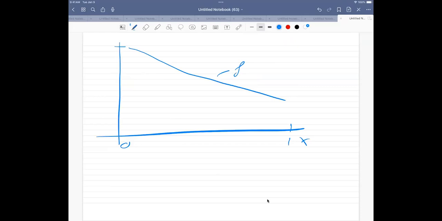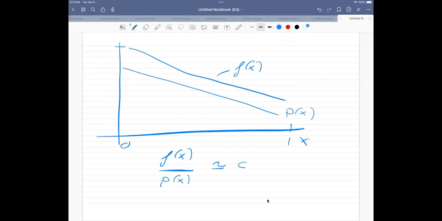This is my f of x. And then I have the other one that goes also like this. So this is my p of x, this is very sketchy. I'm just making a sketch of it. But the important thing is that this ratio between f of x and p of x is close to a constant.